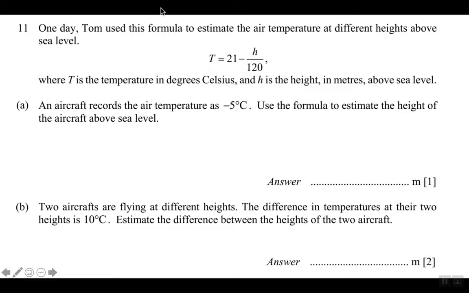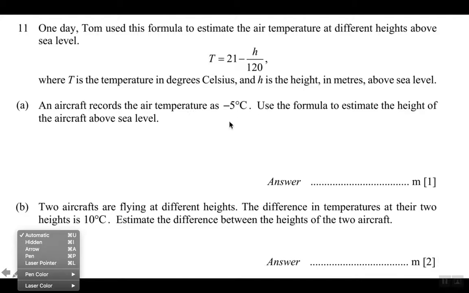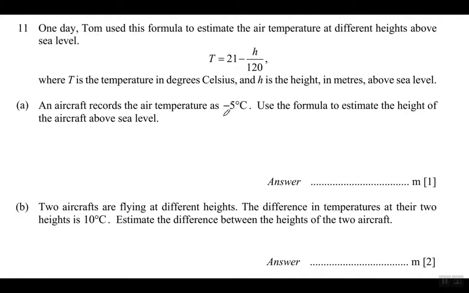One day Tom uses a formula to estimate the air pressure difference. T is the temperature and H is the height. The aircraft records a temperature of -5, so that is the T. Use the formula to estimate the height of the aircraft above sea level.